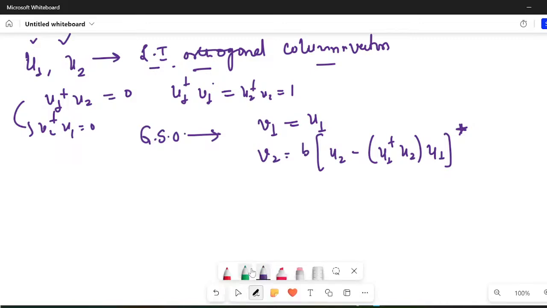I'm not deriving this, but I can at least confirm that these two form orthogonal vectors. So v1 dagger v2 would be equal to what?